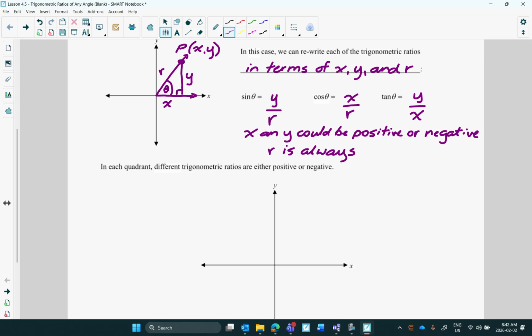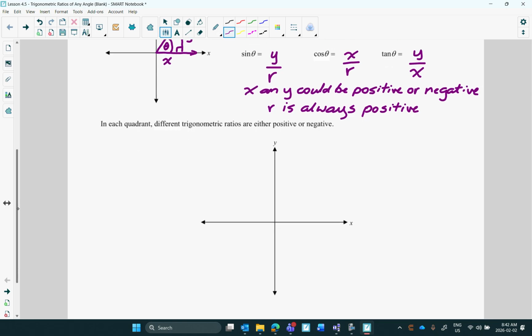It's always positive, because we get r by doing x squared plus y squared and then take its square root. So even if x and y are negative, when we square them, they become positive. That's why r is always positive.